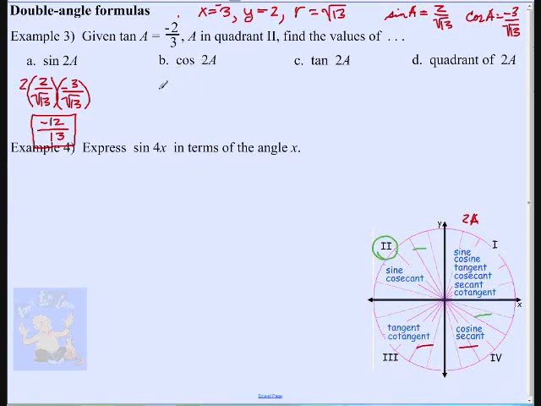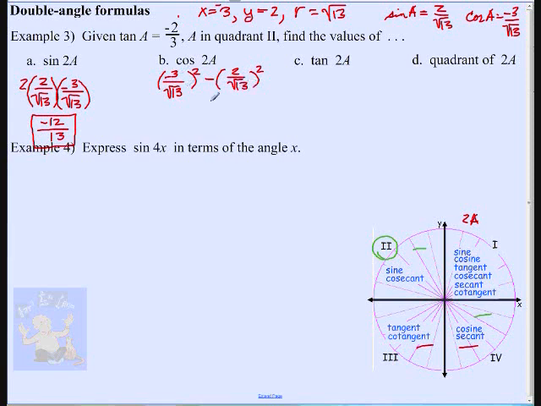Cosine of the double angle, I take the cosine of the single angle and square it. I take the sine of the single angle, square it, and subtract it from cosine single angle squared. All right. Cosine is negative 3 over the square root of 13. And this sine is 2 over the square root of 13.